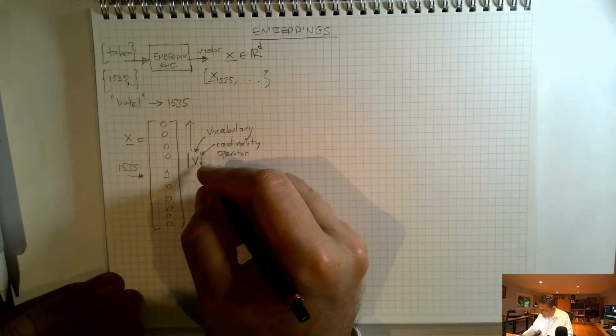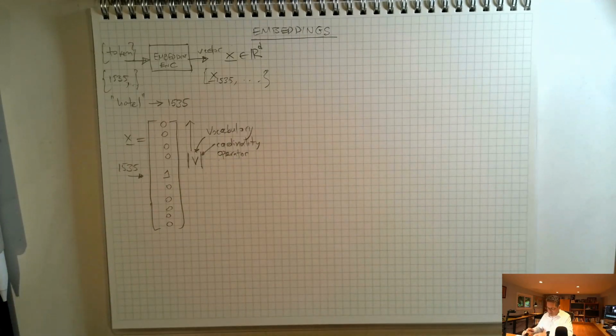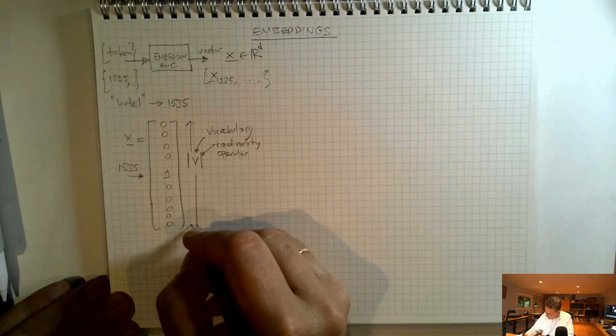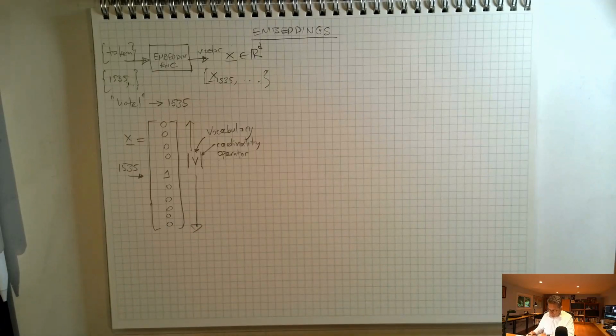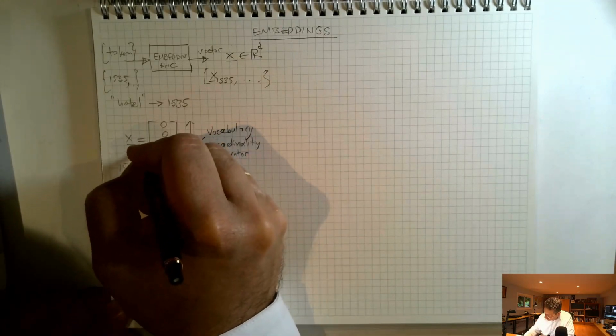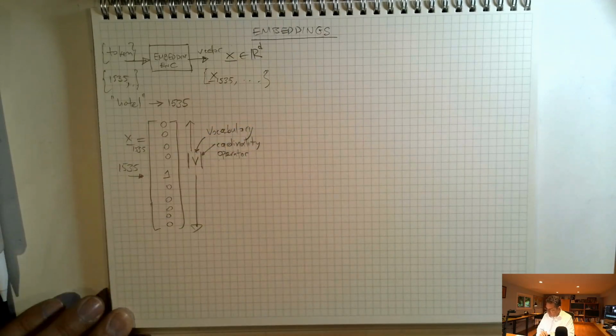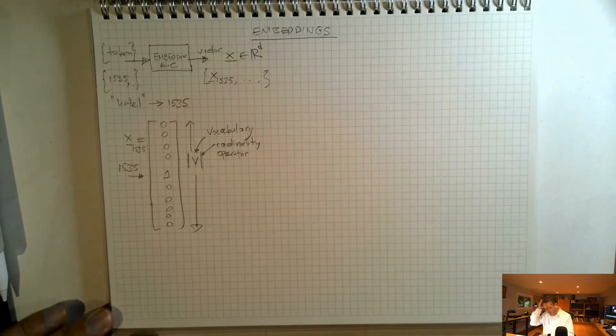Sometimes we'll use this cardinality operator, sometimes we'll skip it to keep the notation a bit simple. So that's basically the representation of hotel.